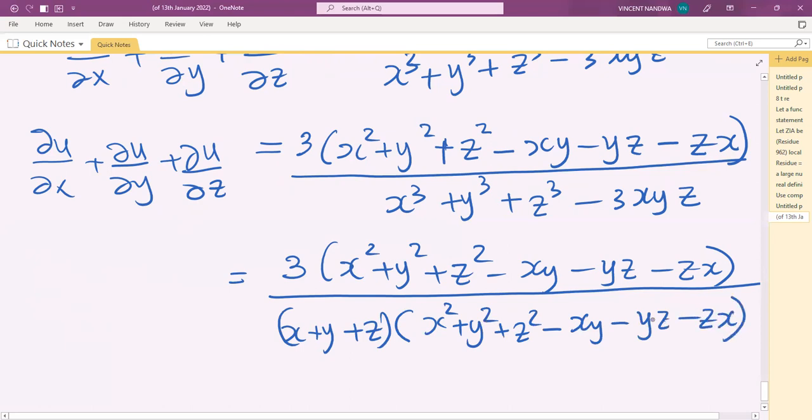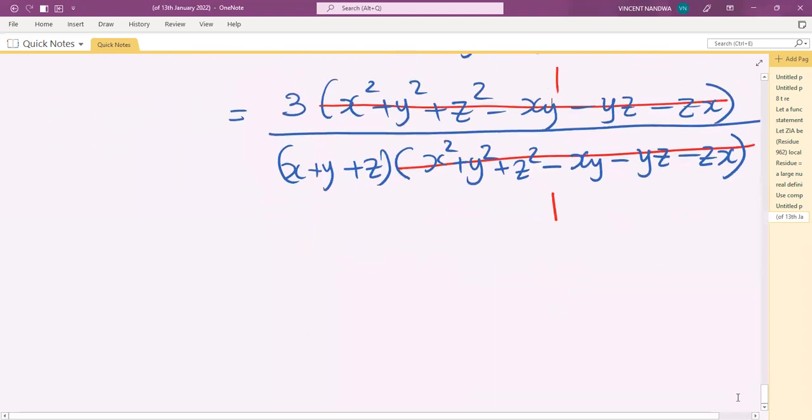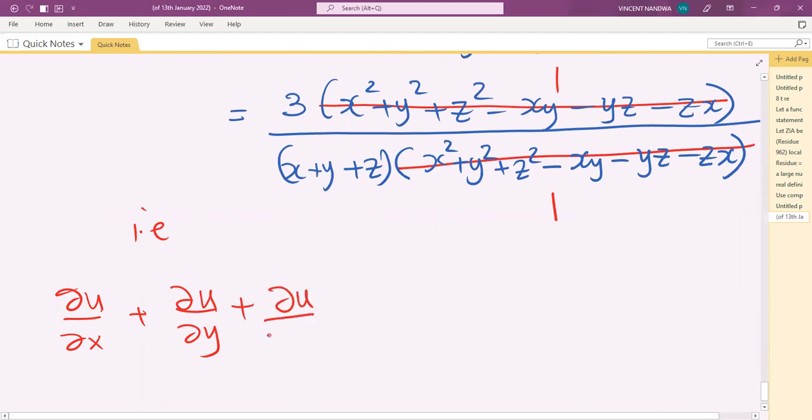So the trick in this question was to show that this bracket is a factor of the denominator. Now, once we have done that, those two brackets cancel out. So then we remain with partial u partial x plus partial u partial y plus partial u partial z will be given by 3 over x plus y plus z.